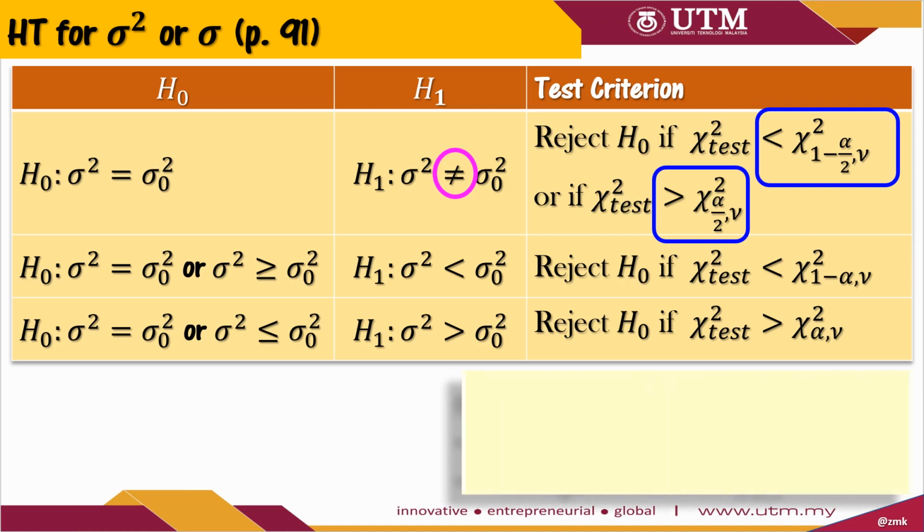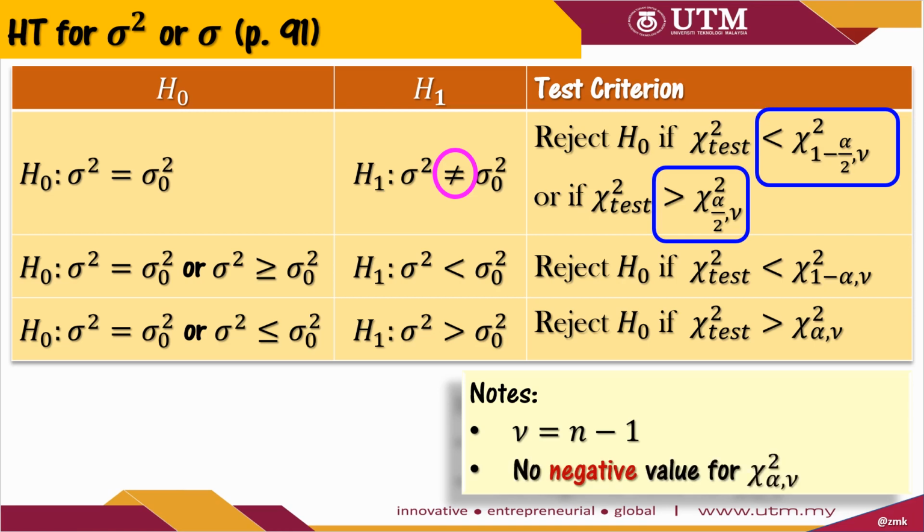Please note that the degrees of freedom denoted by nu here is the sample size n minus 1. In addition, both critical values are positive, even for the left-sided critical value, since chi-square values are strictly non-negative.